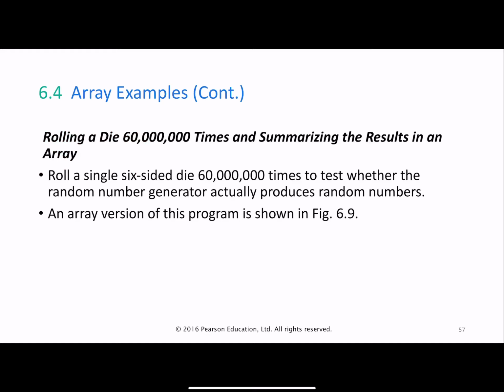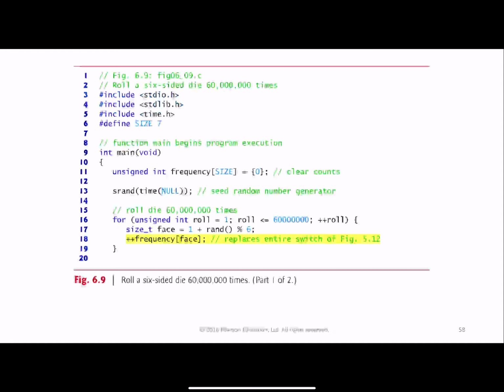You will also recall that when we studied random number generation, we did this example in which we simulated rolling a die 60 million times. Back then, we had 6 faces of the die, and we had 6 variables to count which face of the die came up. I promised you back then that there's a slightly more elegant way of doing that, and that is, of course, using an array instead of 6 variables.